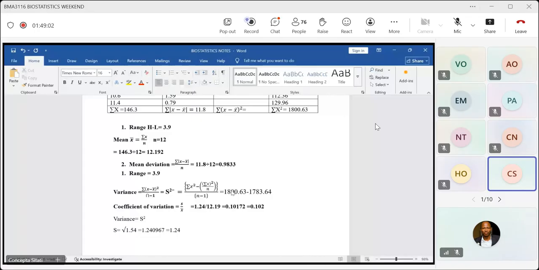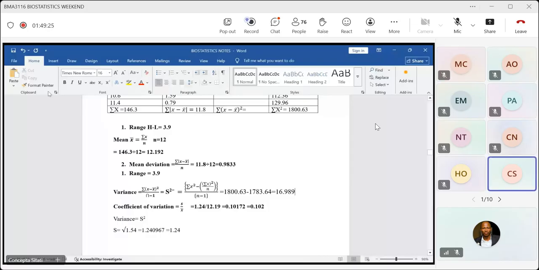Subtract, unapata? 16.989. Divide by 11.